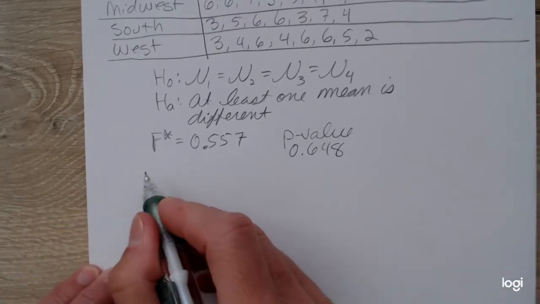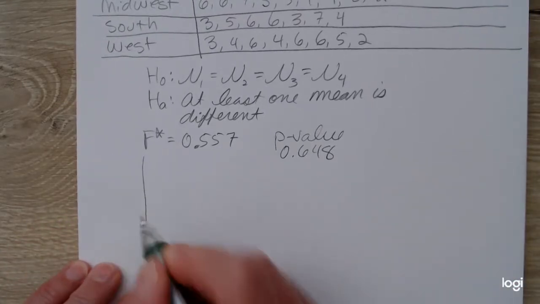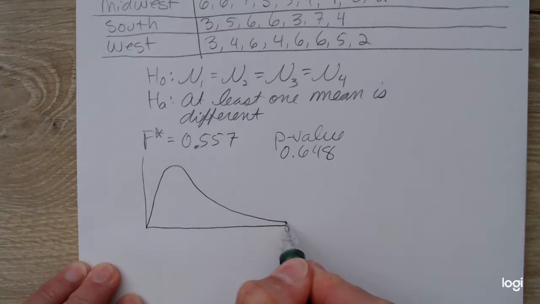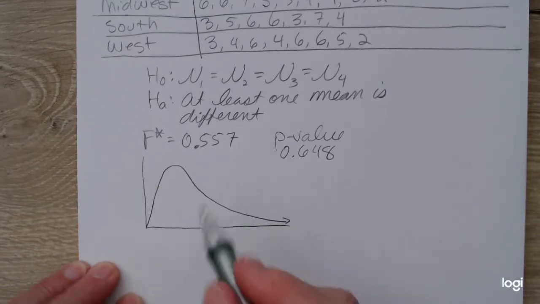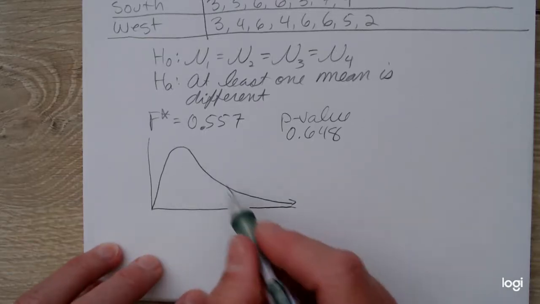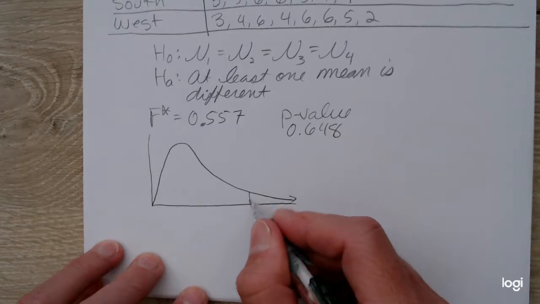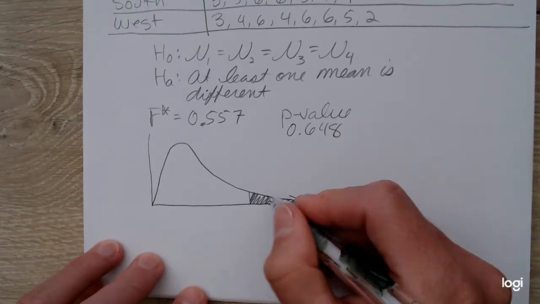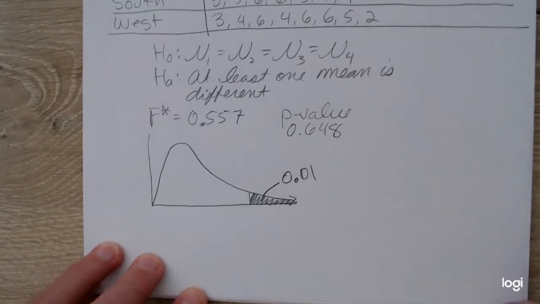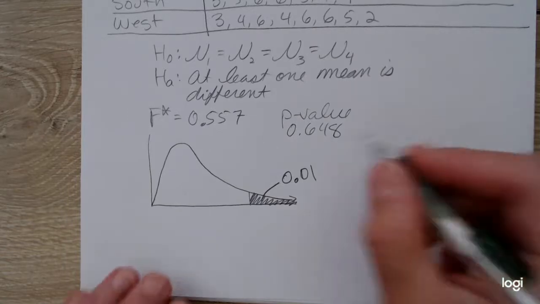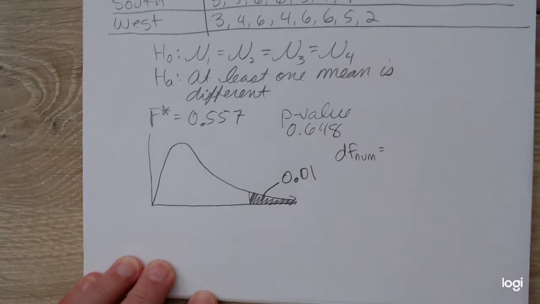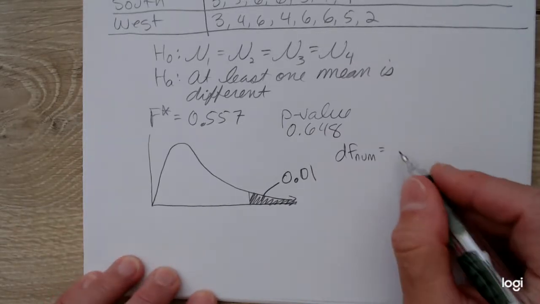critical value. This is always an upper tail test. So you need to draw something skewed right. Now it's a family of curves, so I'm not probably drawing this exactly correct. I'm just using this as a visual aid, but it's definitely going to be skewed right. I'll have my area of rejection in this upper tail, and the level of significance was 0.01. So I need my numerator degrees of freedom, and from the calculator that was 29.